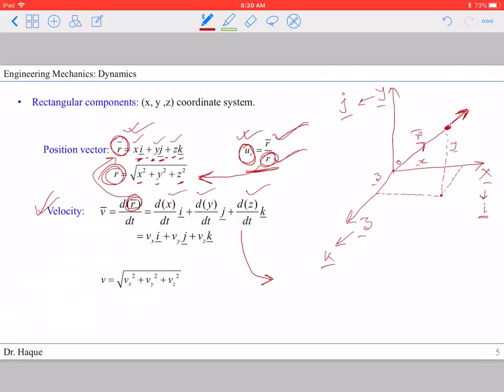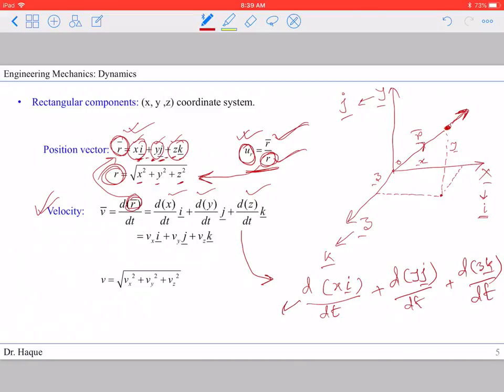If we take the derivative of all three terms, we'll get d(xi)/dt plus d(yj)/dt, plus d(zk)/dt.